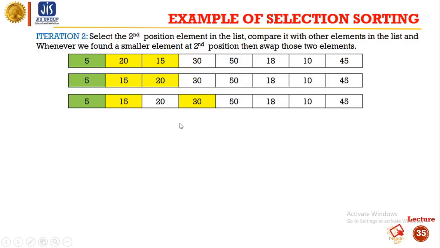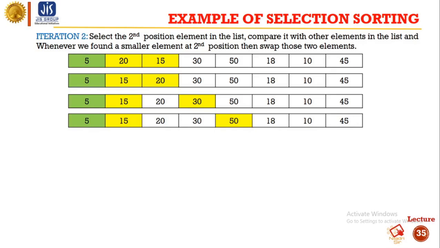Next, 15 will be checked with 30. As you can see, 30 is greater than 15, so there is no swapping. Next, 15 is checked with 50.